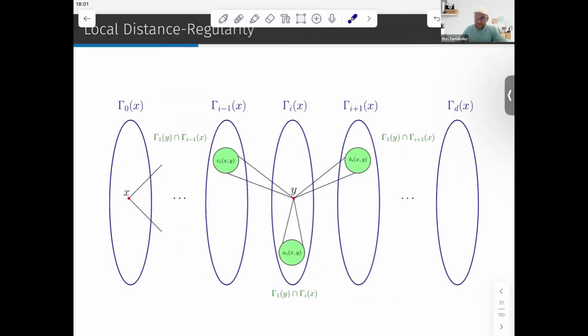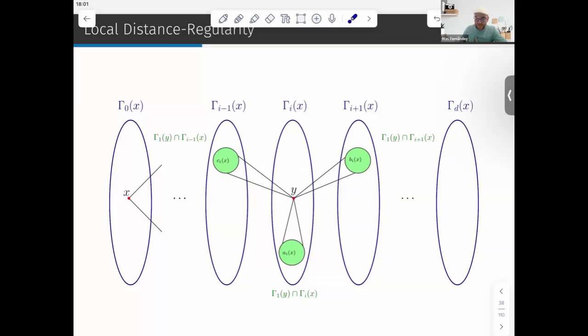We count for each how many neighbors of each type we have, and we have these numbers: ci of x,y, ai of x,y, and bi of x,y. And if this counting does not depend on the choice of the vertex y at distance i from x, for every i, we say that our graph is distance regular around x, or the vertex x is distance regular.